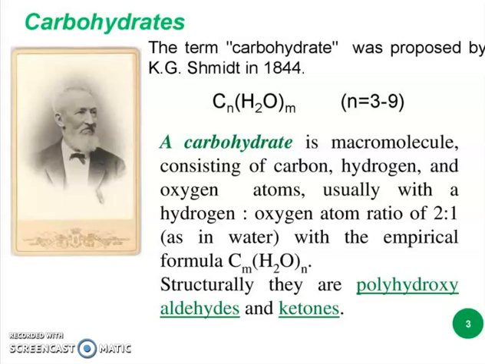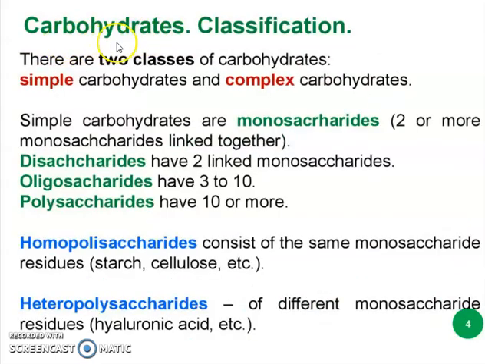So, friends, now carbohydrate classification. There are two classes of carbohydrates: simple carbohydrates and complex carbohydrates. Simple carbohydrates are monosaccharides. Monosaccharide, two or more monosaccharides linked together.